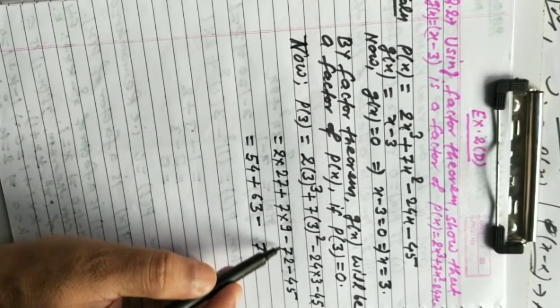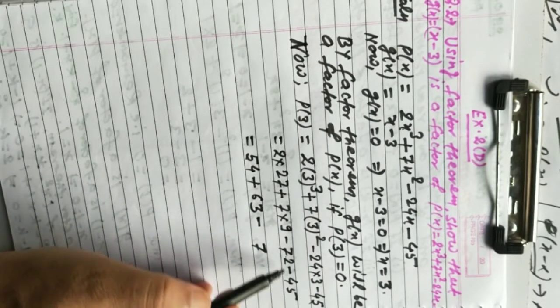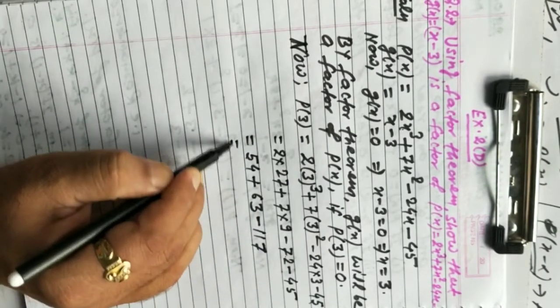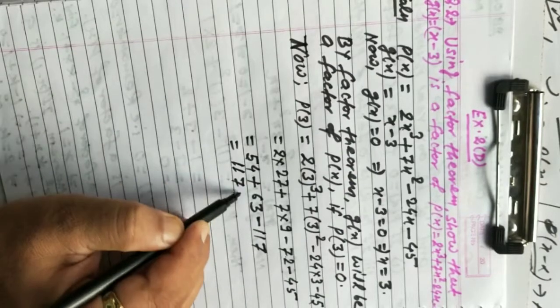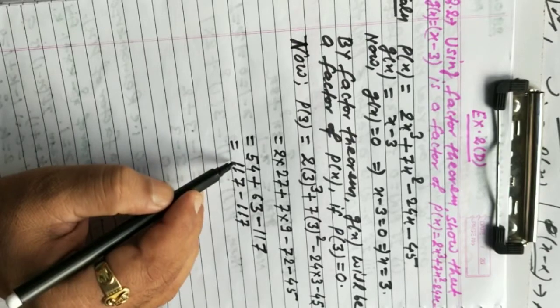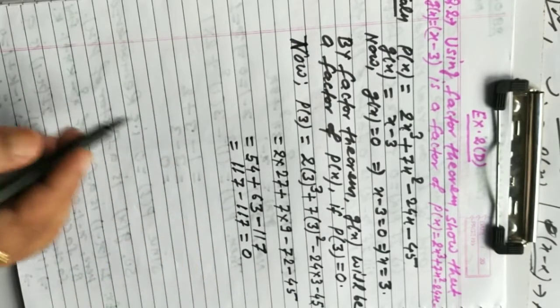Both are negative, so we have to add them and the sign will be negative. 72 plus 45 is 117. So 54 plus 63 is 117, minus 117. So 117 minus 117 will be equal to 0.